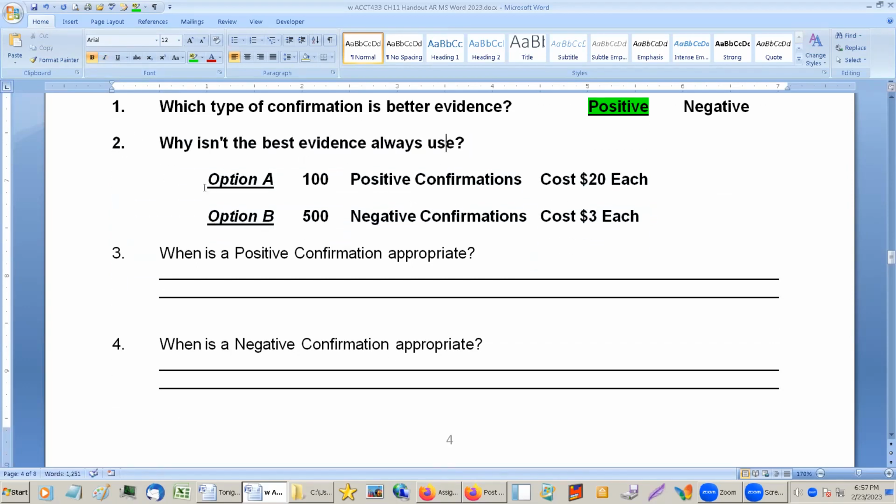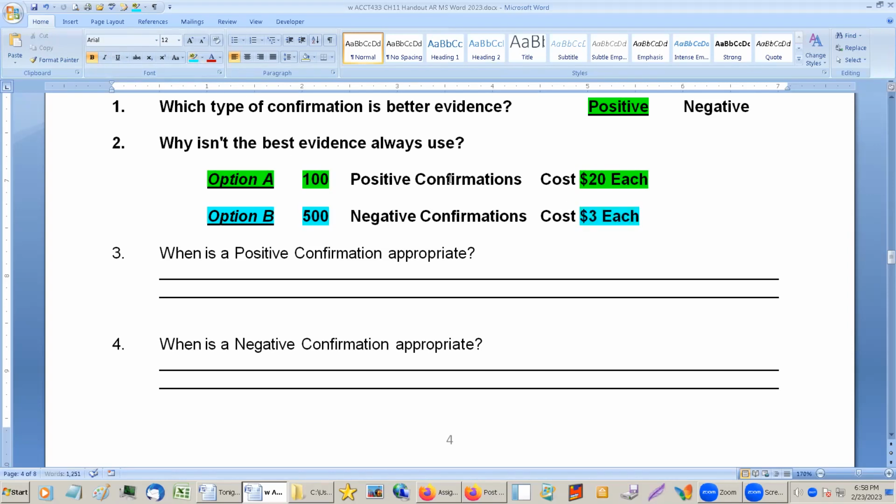Suppose that you have these 2 options, and option A is to use the positive confirmations. You can send 100 of them out, and the cost is $20 each. Now, option B, you'll be just as happy. However, it's not as good of evidence, so you have to send out a lot more. Send out 500 of them. The cost is $3 each.